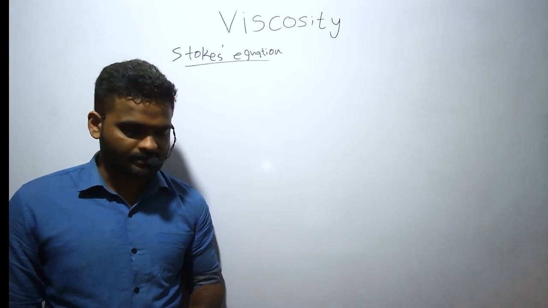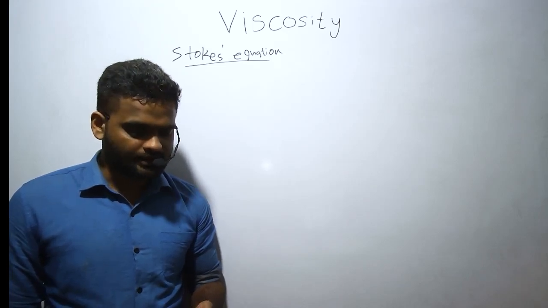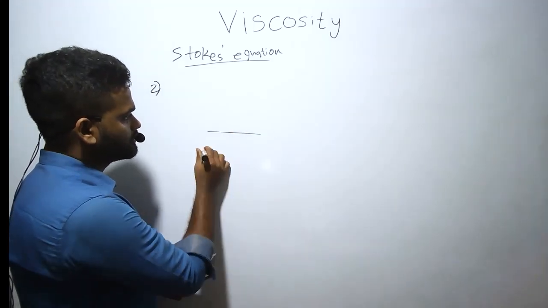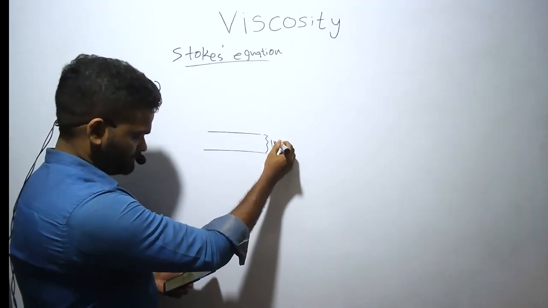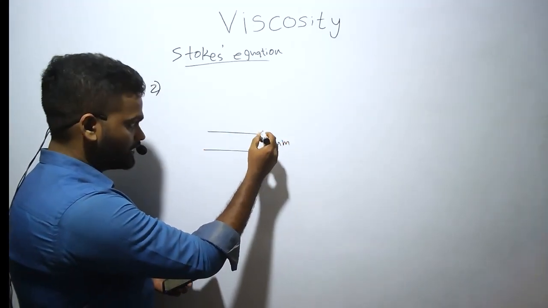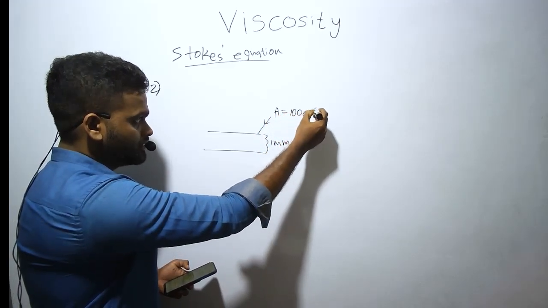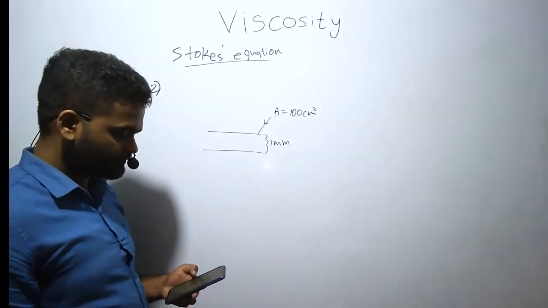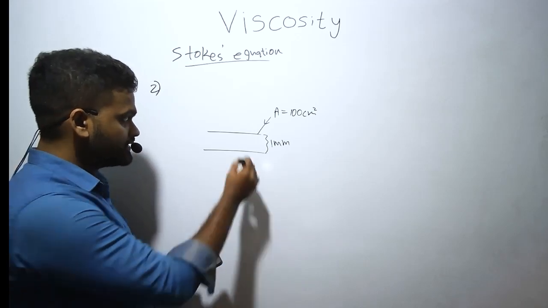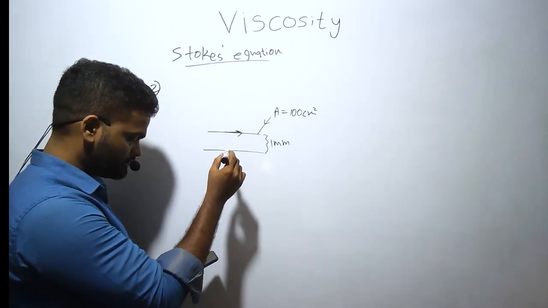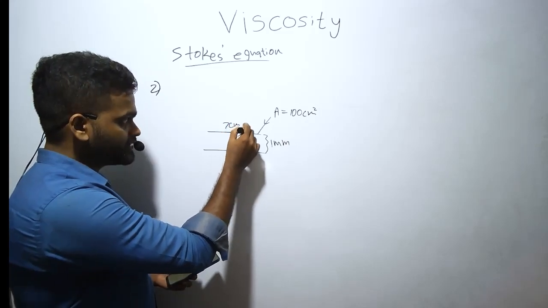Okay, 7th question. On a horizontal table, oil is applied to a thickness of 1 millimeter. And the area is given, that is the common area, 100 square centimeters. The speed it has to be moved at is 7 centimeters per second, right?